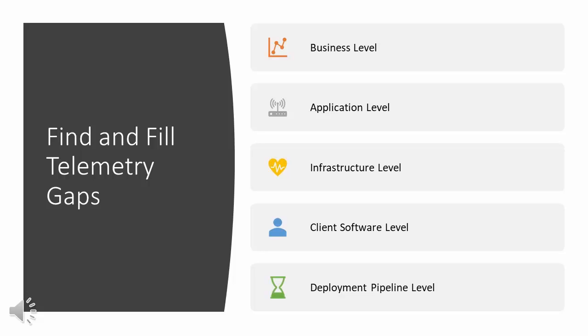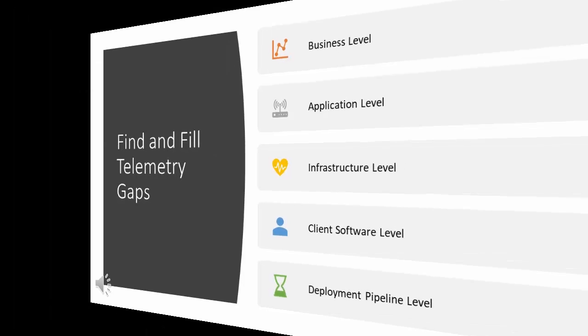What's important to note here, and the central takeaway from this slide, is that we should apply the principles of telemetry at every level of DevOps. Everywhere that we are doing something, we need to have a telemetry metric to measure it and to better understand what is actually happening.